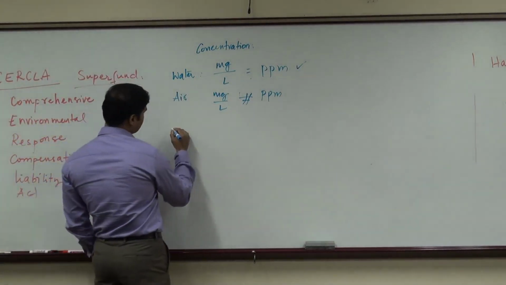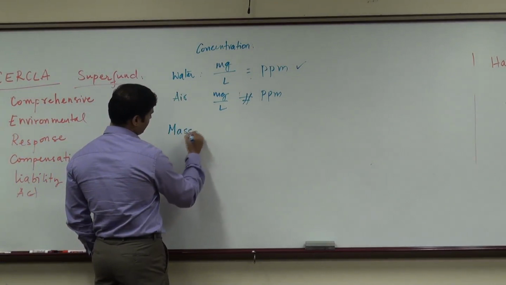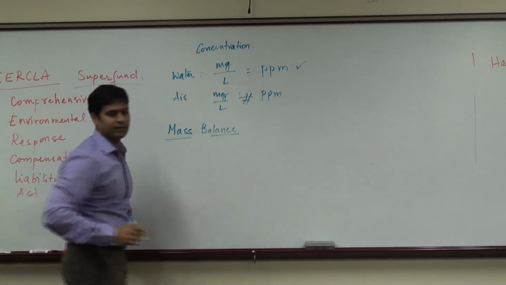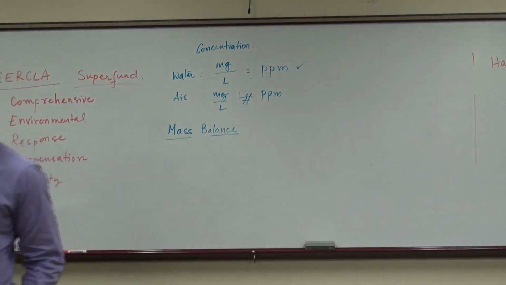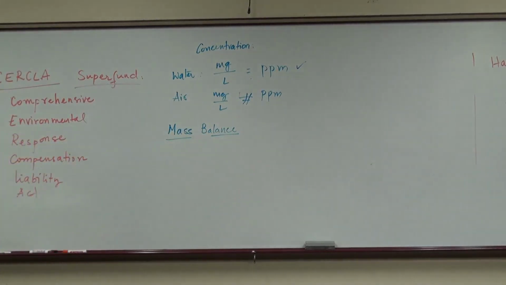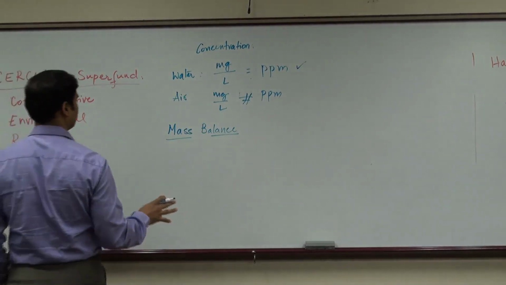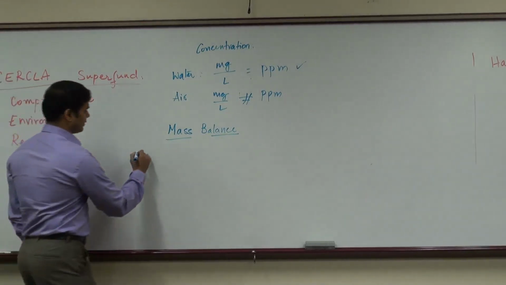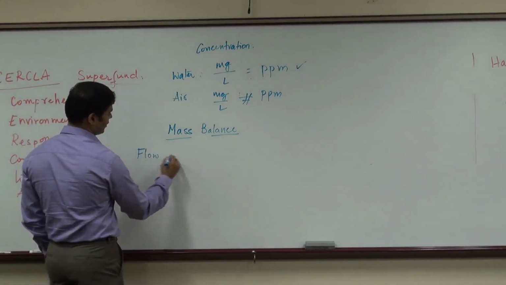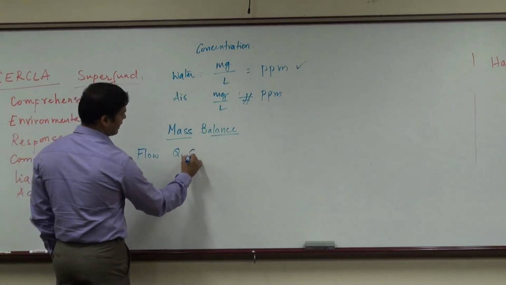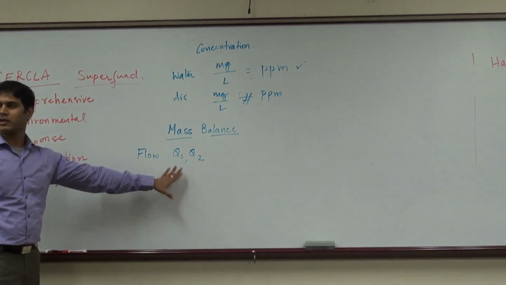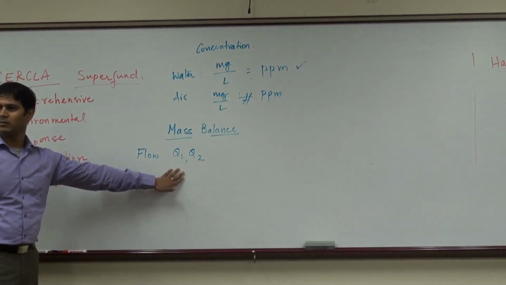Now, in environmental engineering, I can tell you for sure, if you don't get this mass balance concept, you cannot solve 90% of the problems. Mass balance is the basis for everything, all right? So let's write. If I have flow Q1 and Q2, can I add, subtract, and do anything with them?